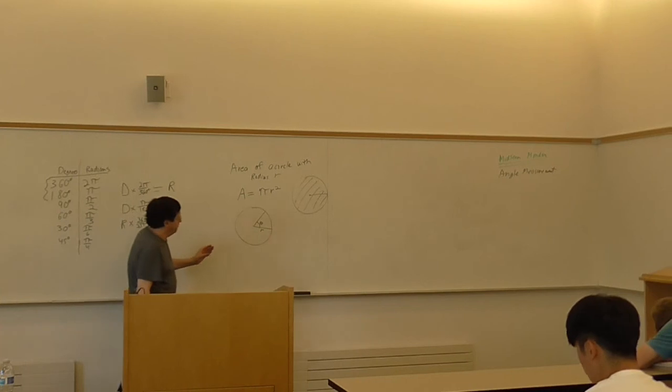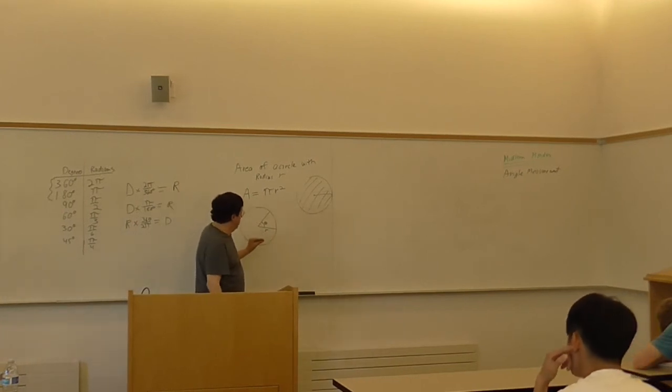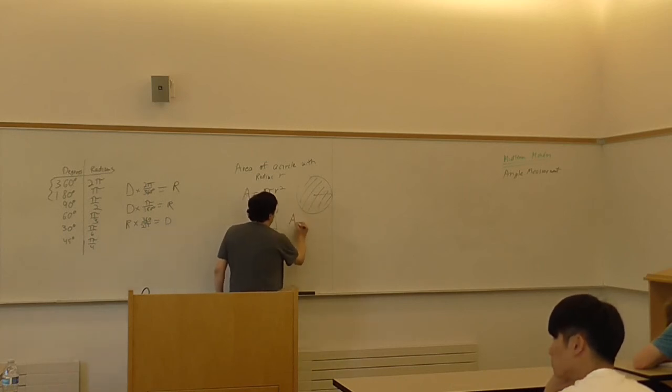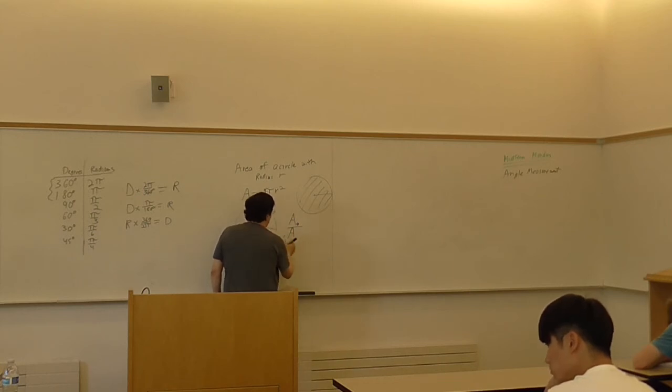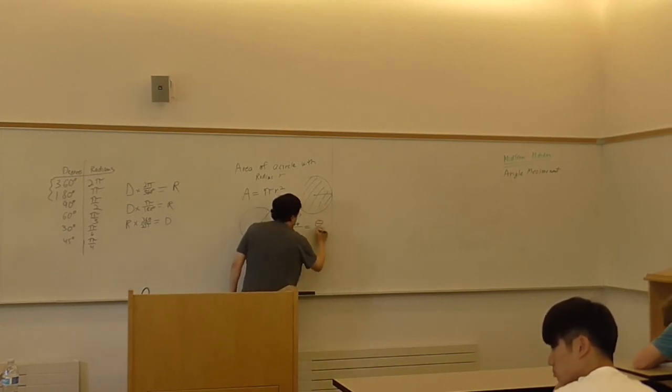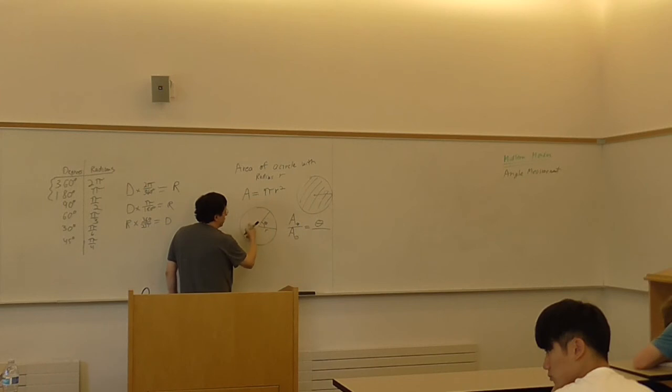Well, there's going to be a relationship here, right? The area of this sector is going to be to the area of the whole circle as the ratio of theta is to the radian measure of the whole circle, which is 2 pi.